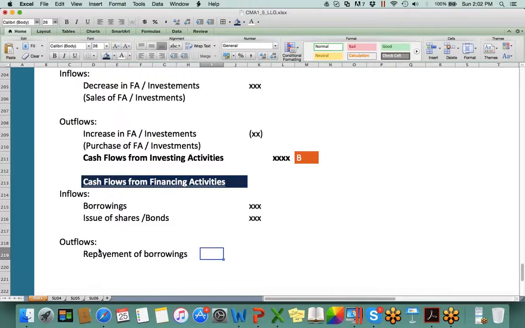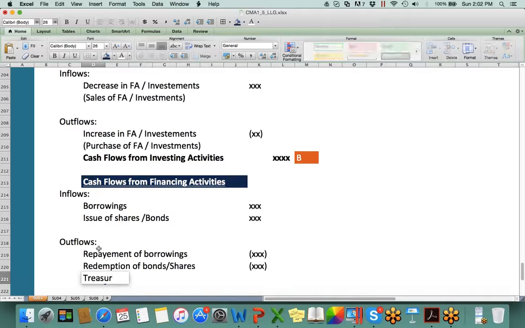Repayment of borrowings means when you borrow loans, in the next year or 2 years you may repay them. Next, redemption of bonds and shares. When you repay your bonds, that will also take money out.